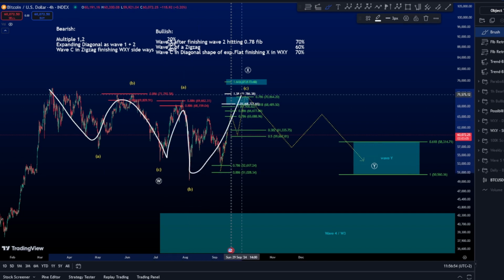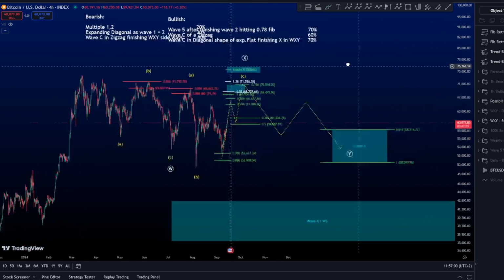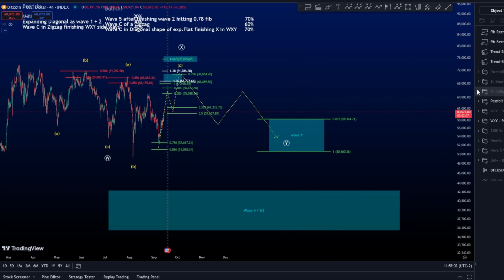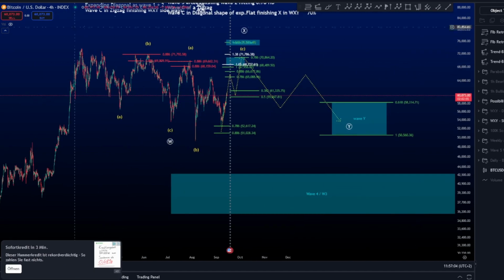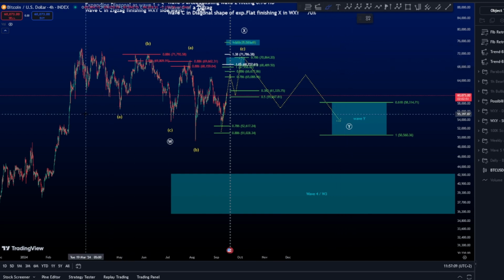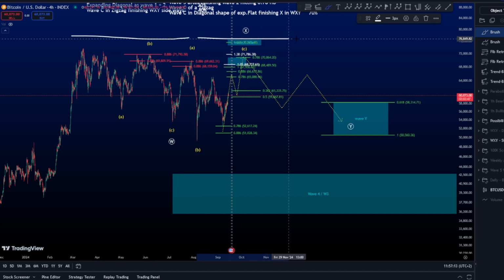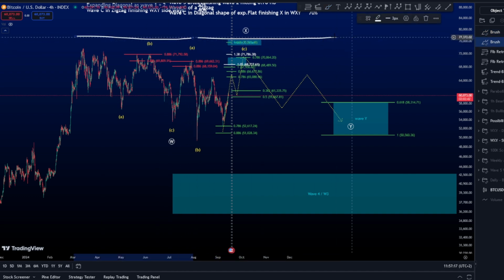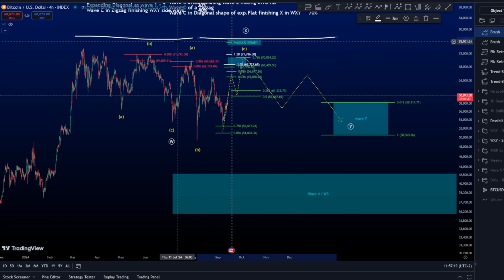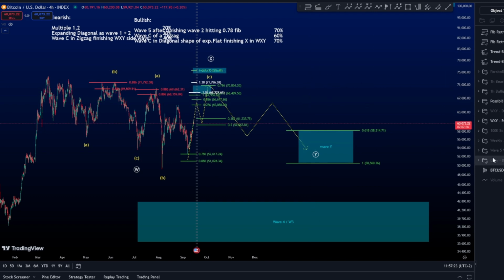Zigzag, expanding flat, and then zigzag, finishing exactly here, and of course finishing on time with wave Y again. It is also very possible that we range until this time, because wave 4 can range a double time of wave 2, because wave 2 is the time of a wave 2. You can still range very, very comfortably for a wave 4 because it has a double time.